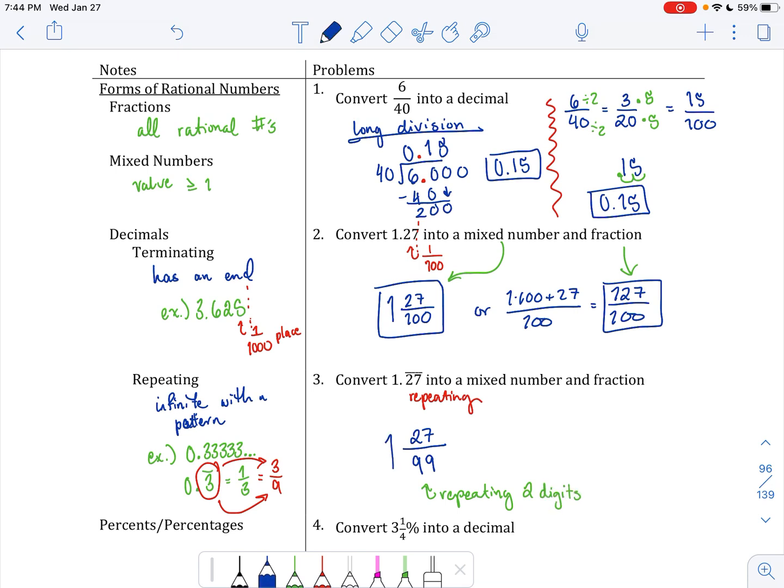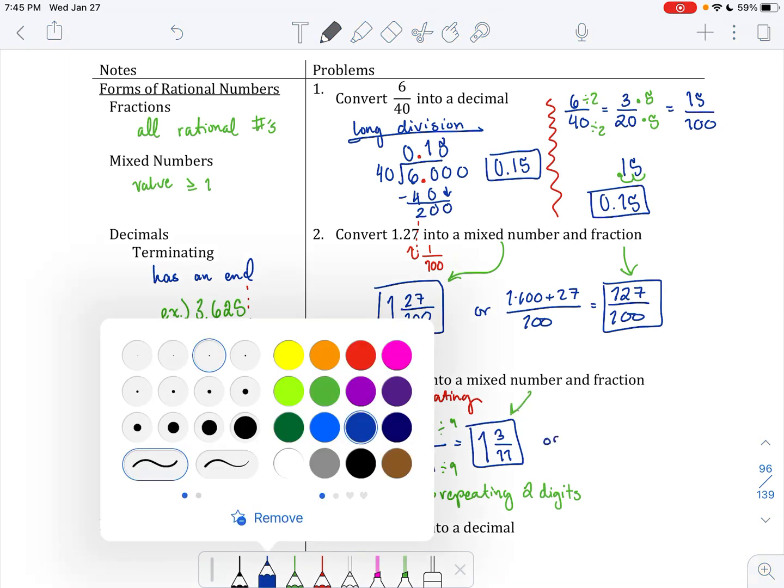So there's 2 repeating numbers, so there's 99. So it's 1 and 27/99. We always want to simplify because both of these are then divisible by 9. So as a mixed number, we get 1 and 3/11. So that's our mixed number answer.